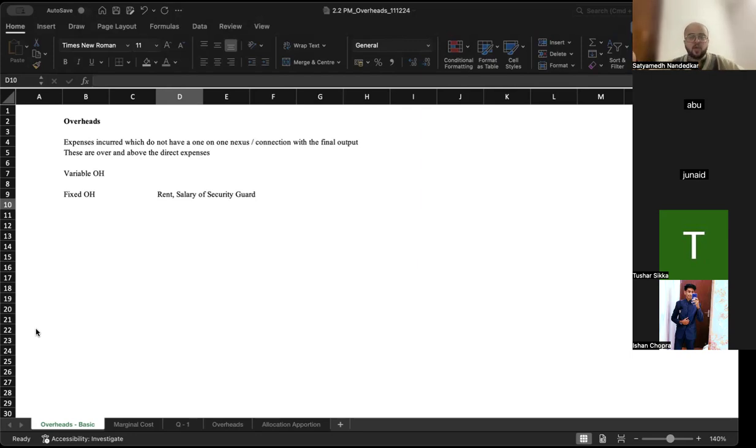See, the item does not enter production. It is not an ingredient. It is not the raw material. Neither is it human intervention. But it is important to get the production in motion. So these are essential costs, but they do not have a one-on-one connection with the final output. For example, electricity cost. We'll understand how the electricity cost also is distributed.